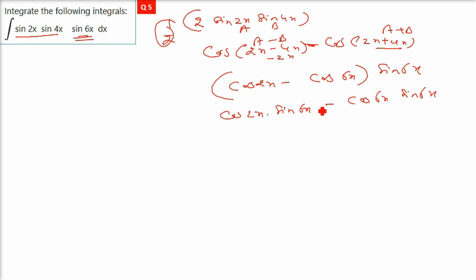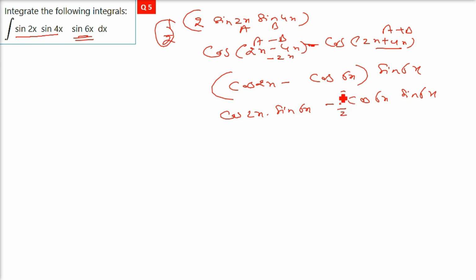The first one is cos A sine B. The second term, cos 6x sine 6x, because the angles are the same, we'll deal with it the way we generally use sine 6x or cos 6x. 2 sine theta cos theta is sine 2 theta.